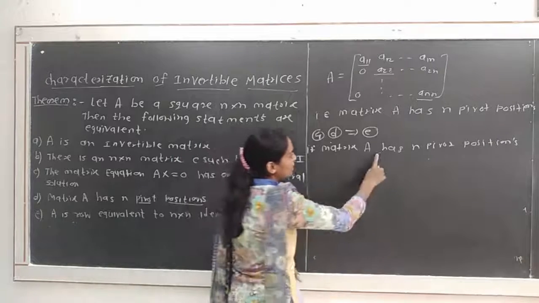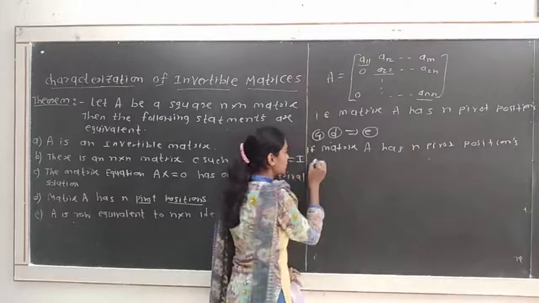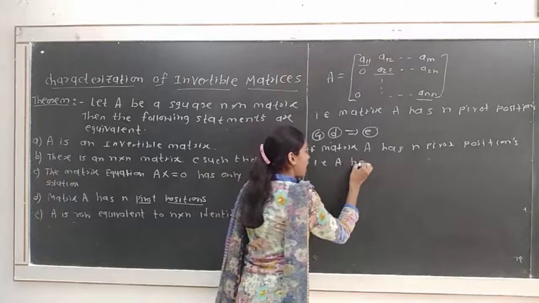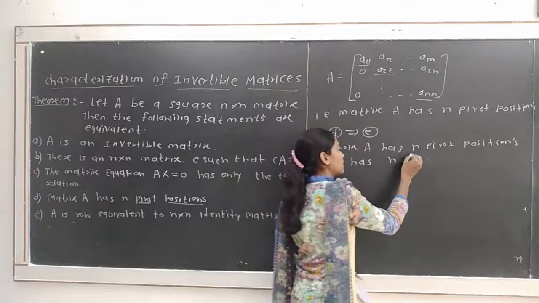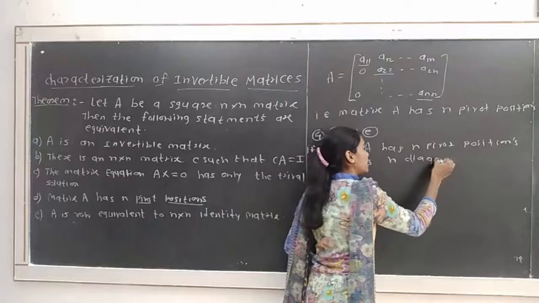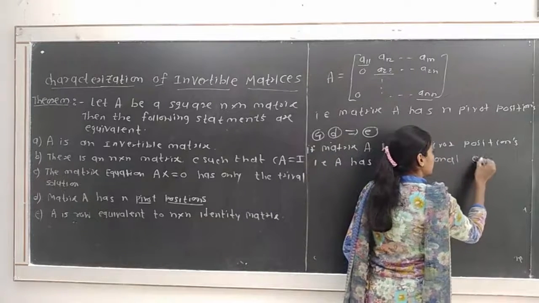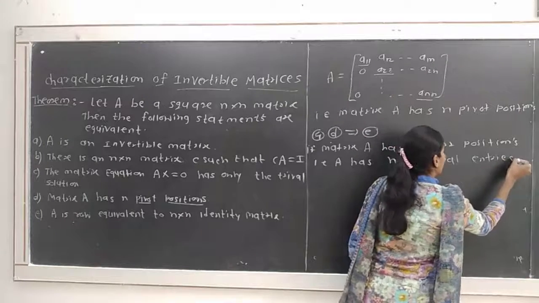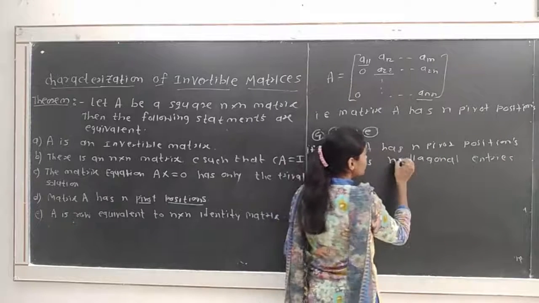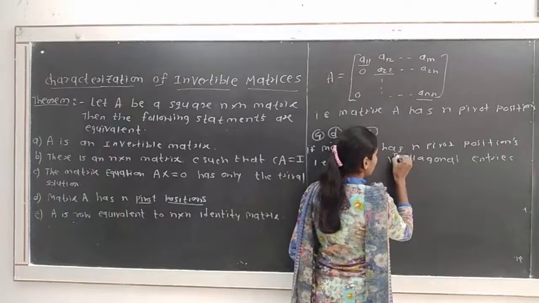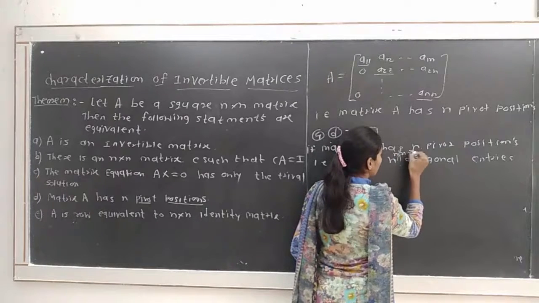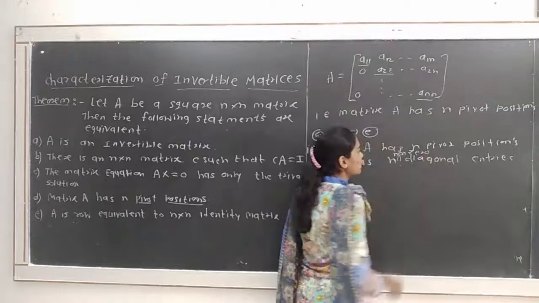Okay, so here A has n pivot positions, that is A has n diagonal entries, n non-zero. Here the word non-zero will be important, n non-zero diagonal entries.